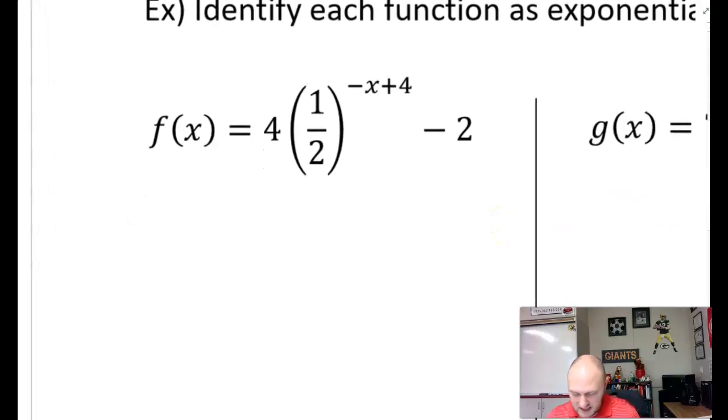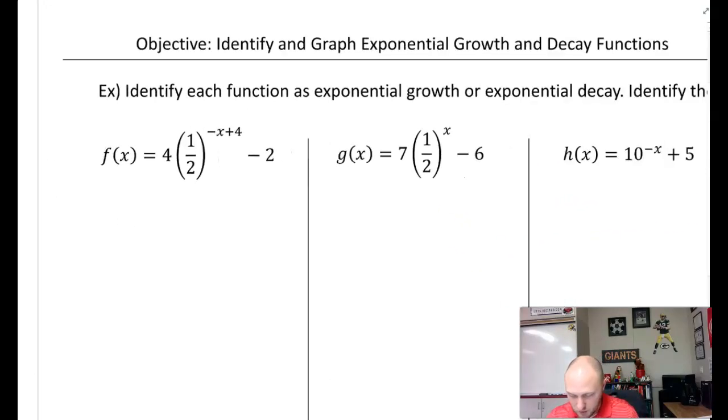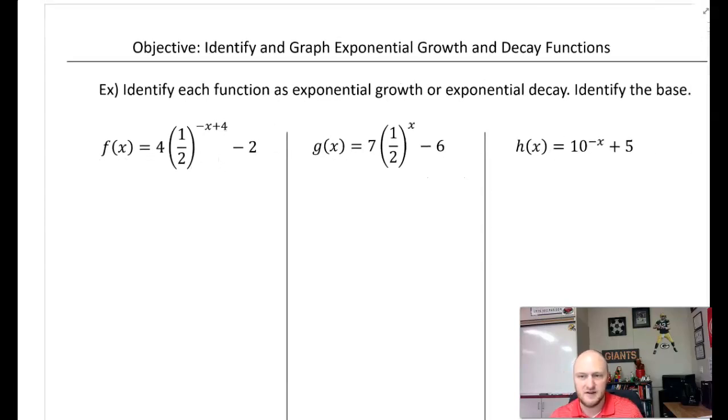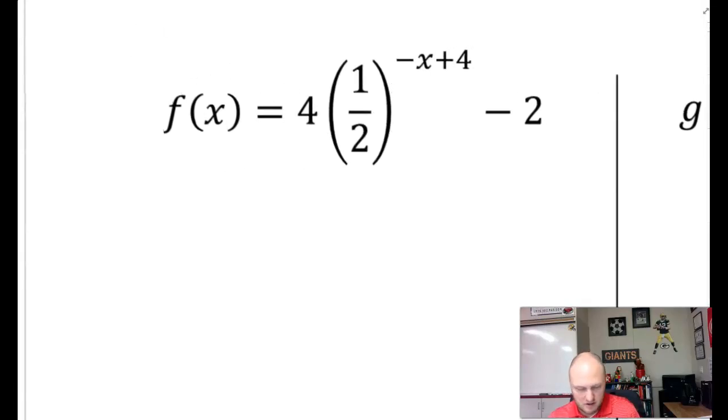We want to identify each function as exponential growth or decay and identify the base. So here's our first example. F of x equals 4 times the base 1/2 to the power of negative x plus 4, minus 2. I am going to rewrite this. Here we have an a value of 4.